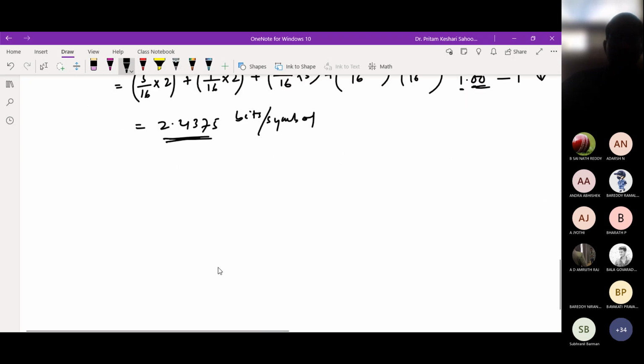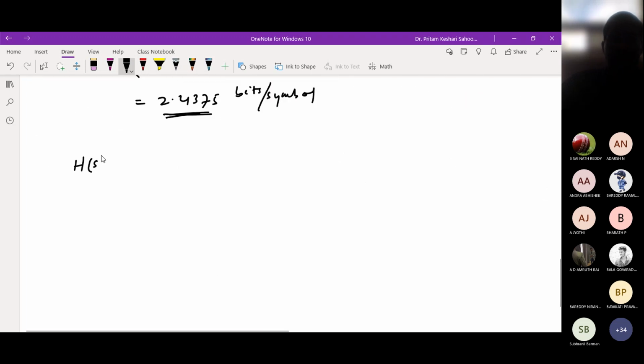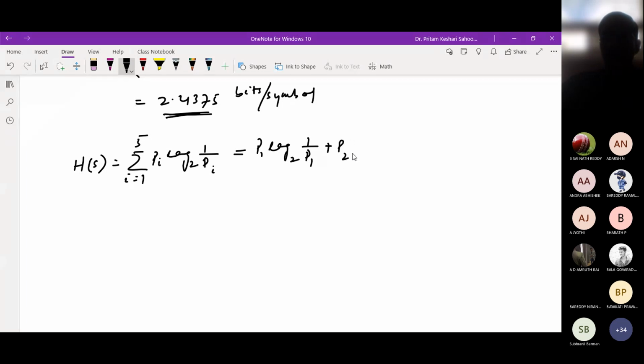Now we calculate the average information, or entropy, of the source. This is our previous conventional formula: pi log base 2 of 1 by pi. We can expand it as P1 log base 2 of 1 by P1 plus P2 log base 2 of 1 by P2 plus P3, P4 like this, going up to P5 log base 2 of 1 by P5.